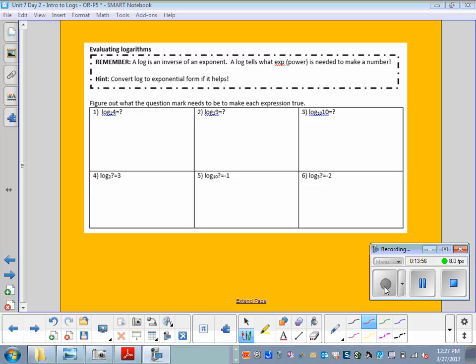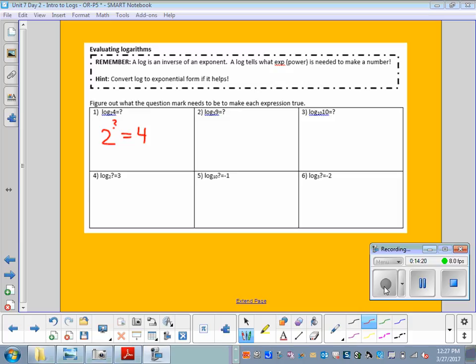So what we will do is, we will say, okay, I have the log, let me convert it to the exponential form first. So here I have log base 2 of 4. In exponential form, I have 2 to the power of, I don't know what it is, must equal 4. And now this form is a little bit more familiar for me.